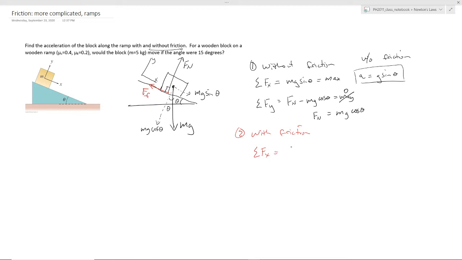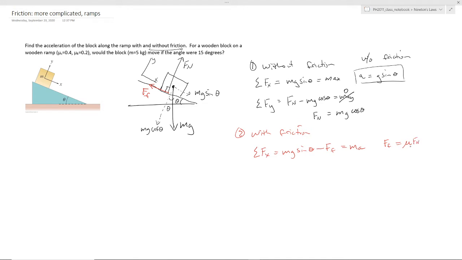But in x, what will we have? We'll have the same mg sine theta, but now we have an additional component, minus the force of friction, going to equal the mass times acceleration. And then we make use of our relationship that the force of friction is proportional to the normal force.